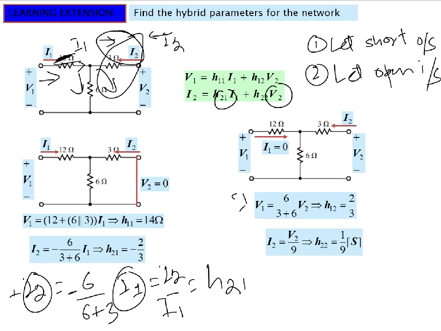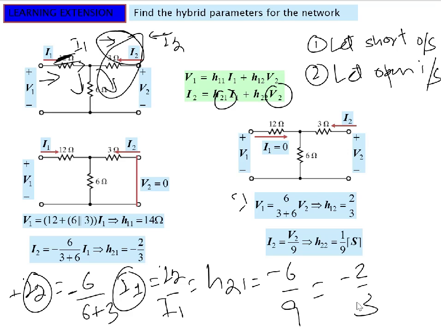So H21 is minus 6 divided by 9, which is minus 2 by 3. So this is how we calculated H21. So two variables are calculated and two are pending.